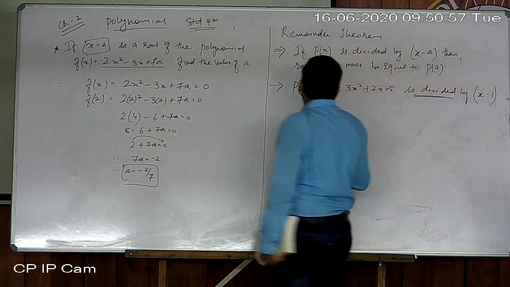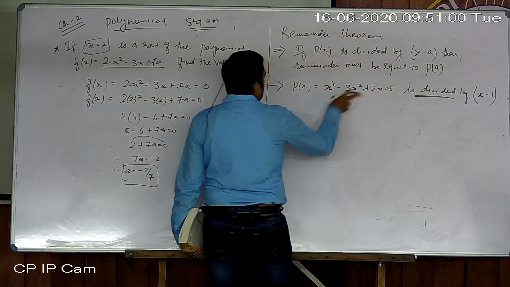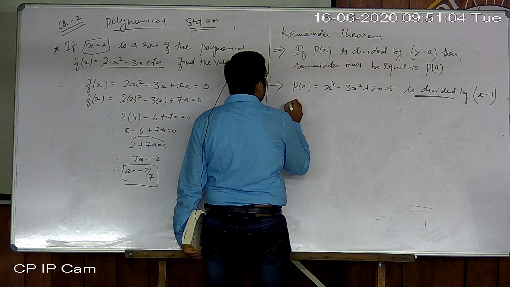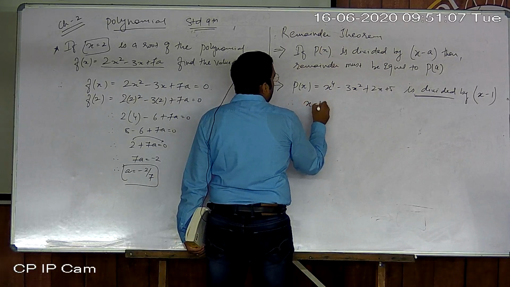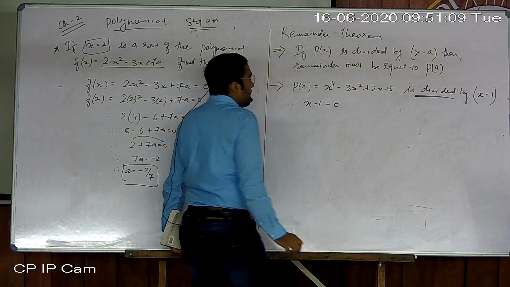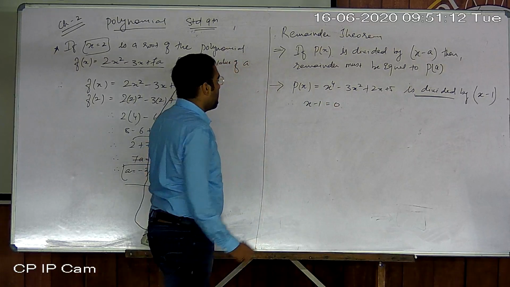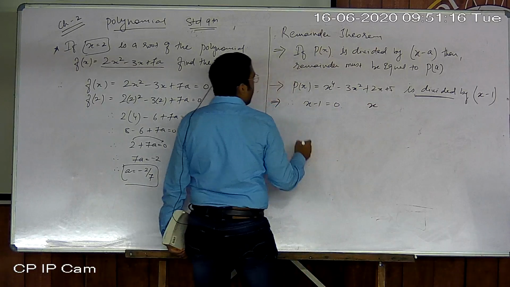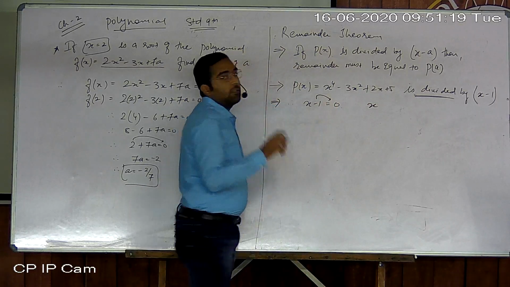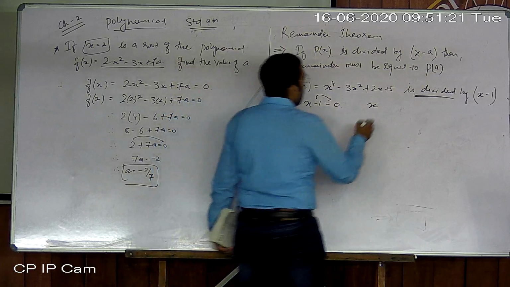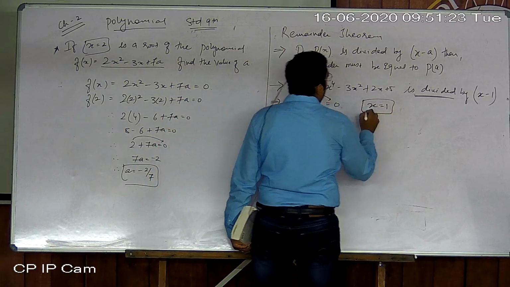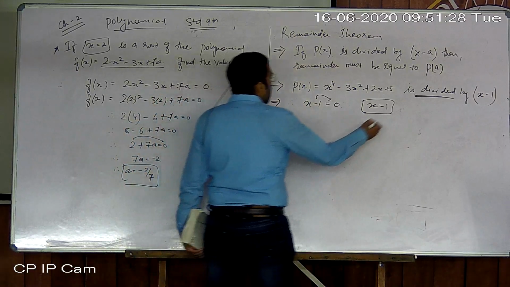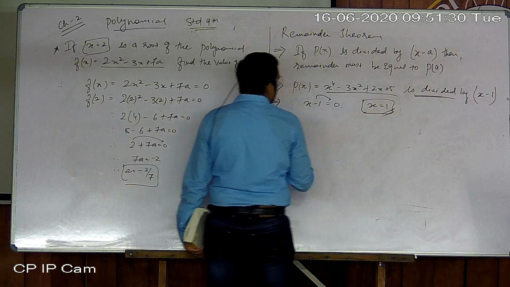So here x minus 1 is the divisor. Take x minus 1 equal to 0. What is the value of x? Minus 1 shifted to the other side, therefore x equal to 1. Now I'll put the value of x in the given polynomial.